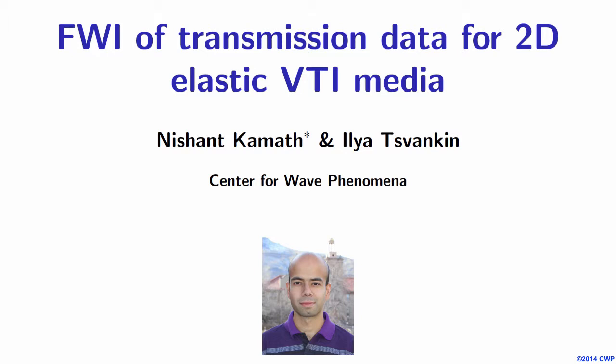So here we are attempting to perform FWI for elastic VTI media. We are constrained to 2D models now, and since diving waves are the first kind of data that are inverted, we are going to just look at transmission data here, and then we'll move on to reflections later on.